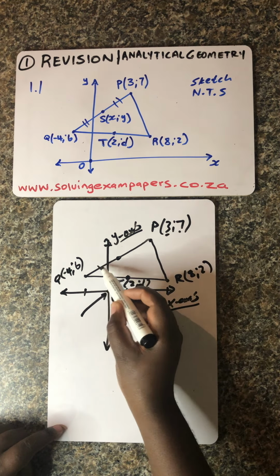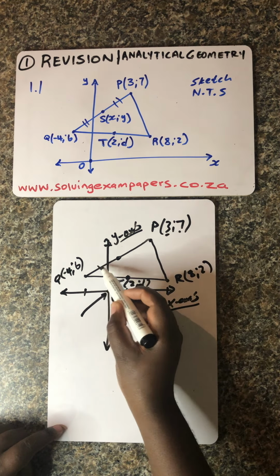They just chose to use S. So it doesn't necessarily mean that at all times you'll find a point where you've got equal lengths of which that point is referred to as S. It could have been K, it could have been J, it could have been any letter from A up to Z, but obviously it can't be a letter which is already in use, ladies and gentlemen. It has to be a completely different letter from the letters which are already used.